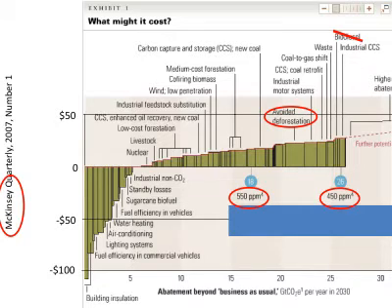I've crossed out biodiesel because my interpretation of the data indicates that biofuels actually increase carbon dioxide emissions rather than decrease. This is through land use changes in digging up the soil, something we'll talk about later.